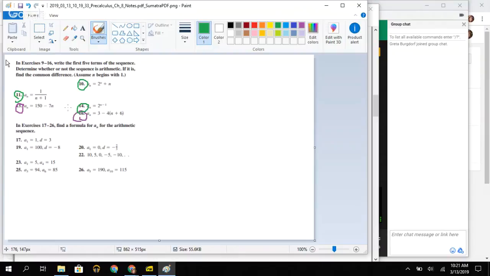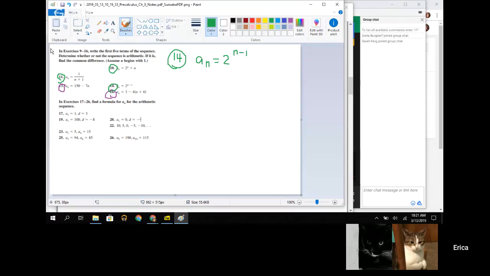If you wanted to find the first 5 terms of a sequence, basically you're just going to plug in and go for it, right? So for example, number 14, a sub n equals 2 to the n minus 1. So if I wanted to find the first term, hey Sarah, it's 2 to the 1 minus 1. Well, what is 2 to the 0 power? It's 1. Howdy. A sub 2, it's been easy so far. We're talking about arithmetic sequences.